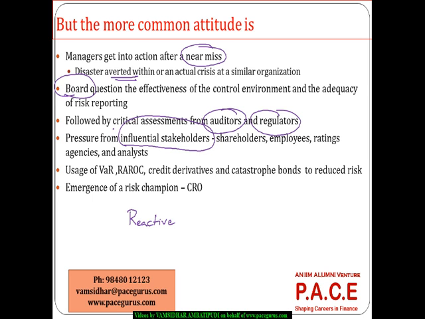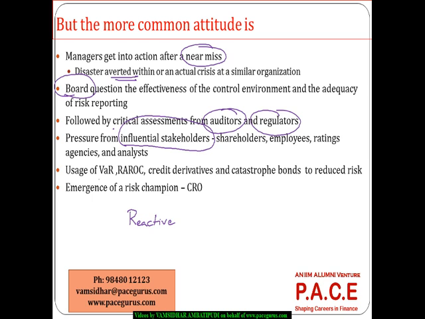Rating agencies, by looking at the volatility of earnings, may downgrade the ratings. Analysts may not suggest a buy on that particular security because the volatility is so high that the predictions are becoming quite dangerous. All these things will typically prompt an organization to move towards effective ERM practices.